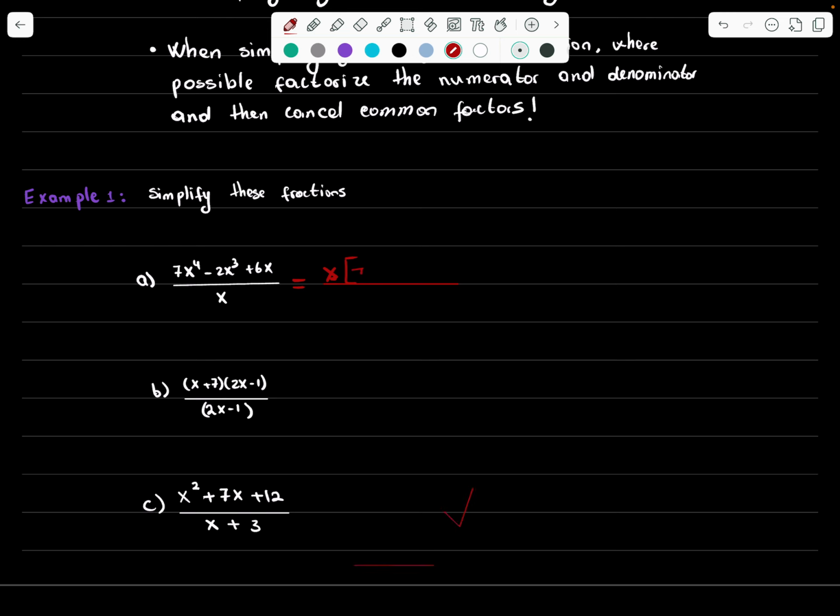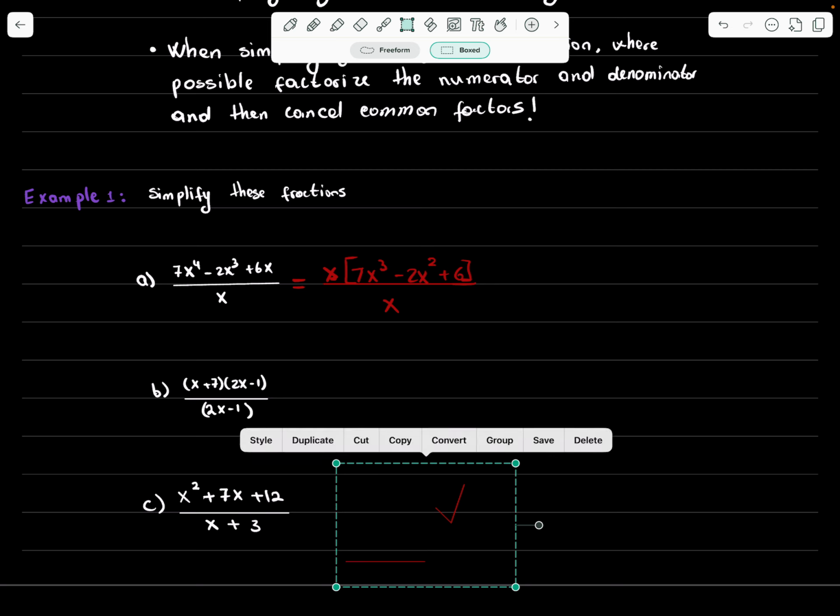That's going to give us 7x cubed minus 2x squared plus 6, divided by x, which is given in the denominator. So I took x out. Whenever you are not sure whether you factorized correctly or not, you can expand the brackets and see if you got it correct or not.